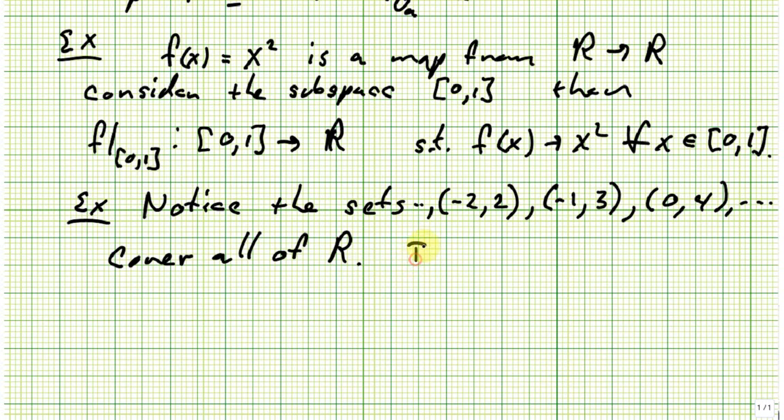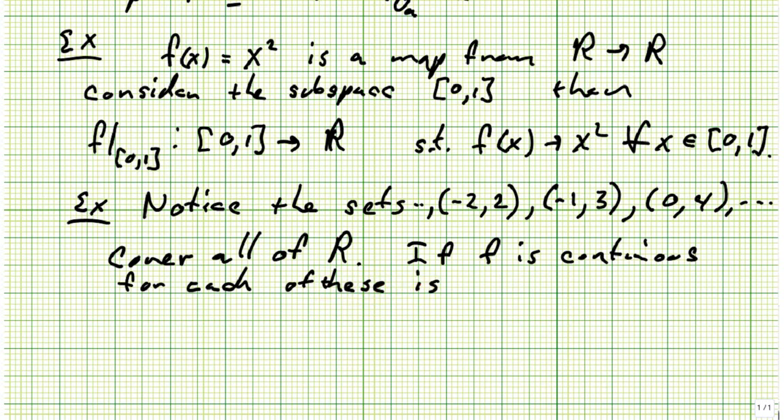And let's say f is continuous for each of these. Is it continuous on all of R? And the answer happens to be yes.